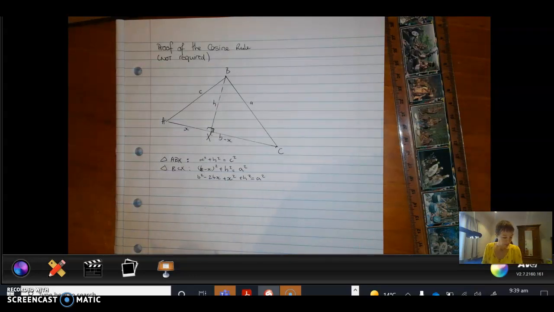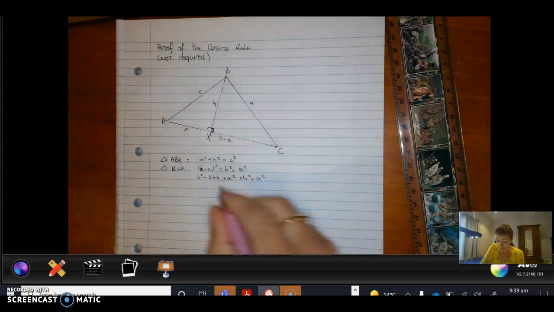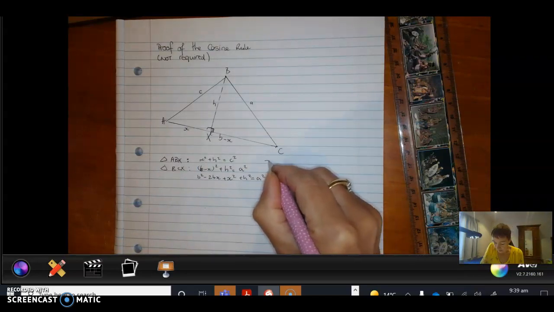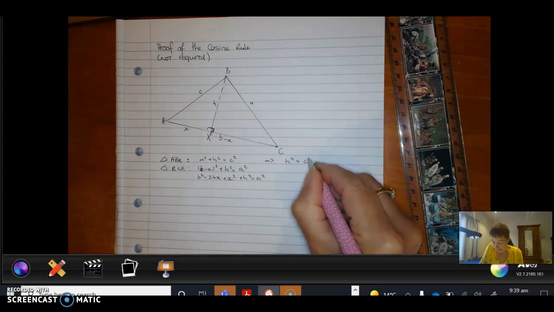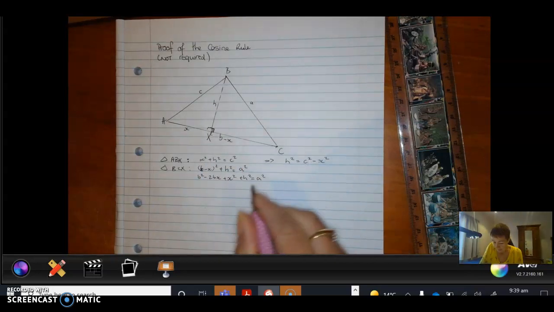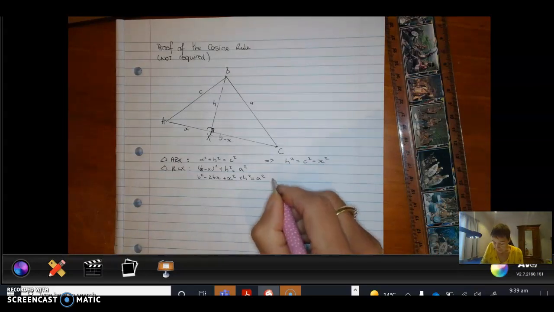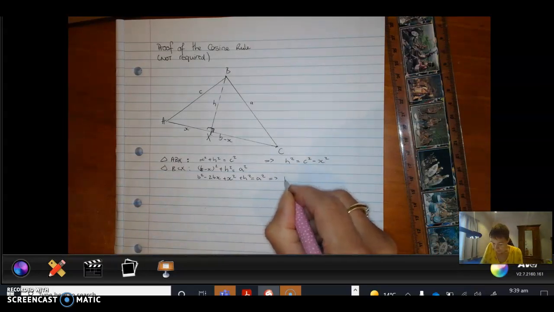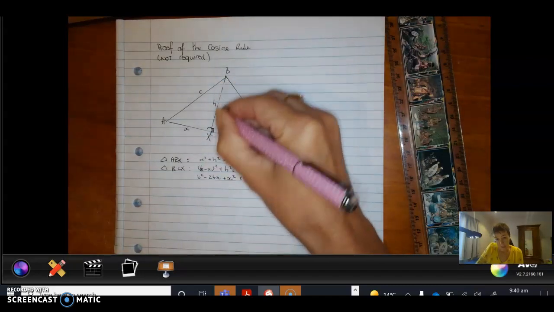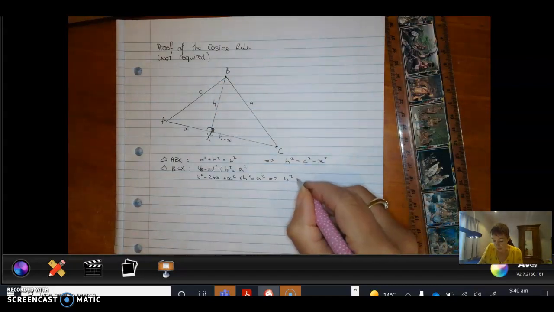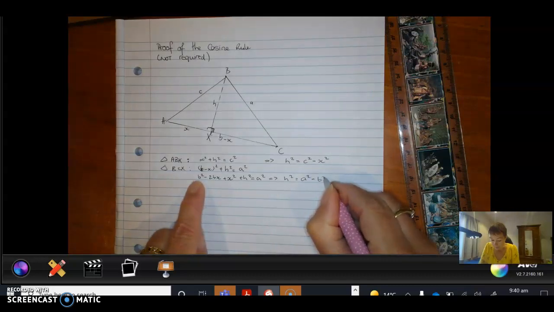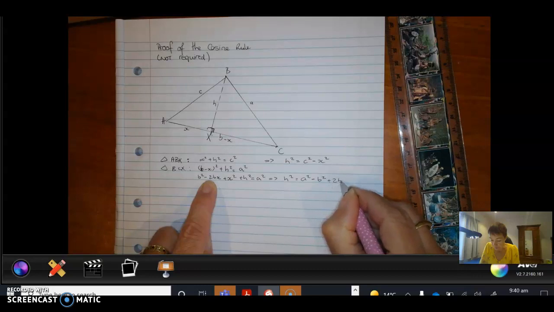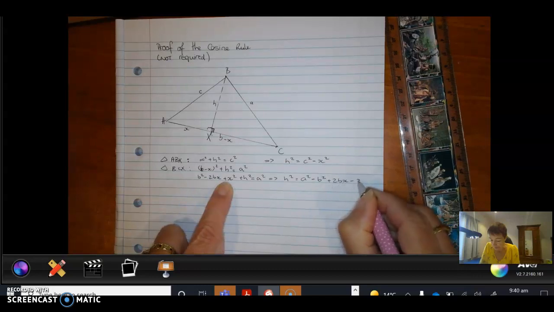So what I'm going to do now is get both of those in terms of h squared. So this one is going to be quite easy. That becomes h squared equals c squared minus x squared, I'm just going to take the x to the other side. And this one, a little bit more to do, but still pretty much the same. So h squared, remember, is the same h we're talking about. h squared is equal to a squared minus b squared plus 2bx minus x squared.